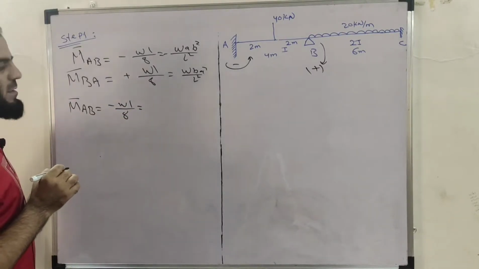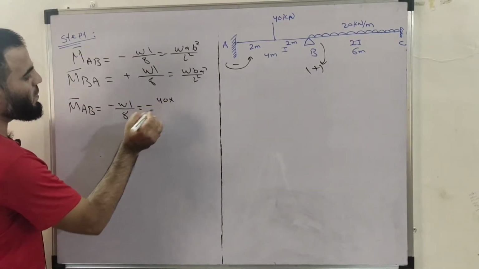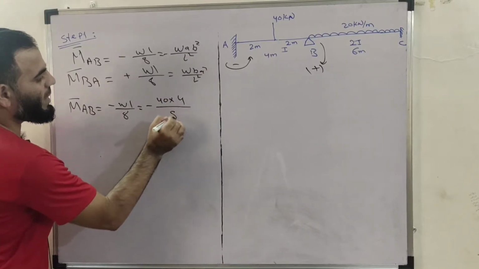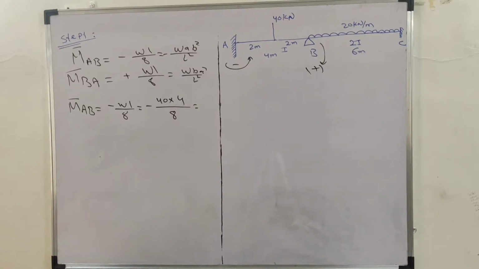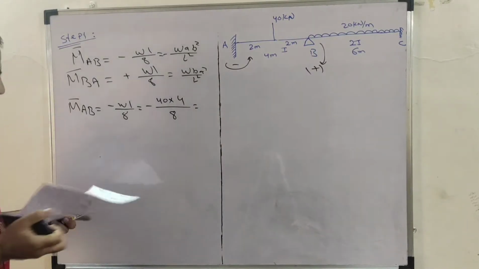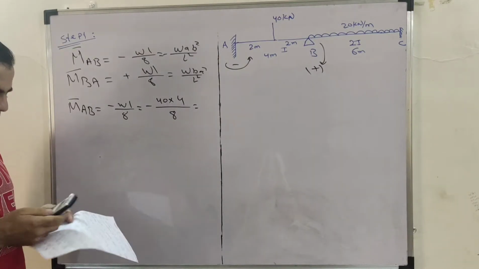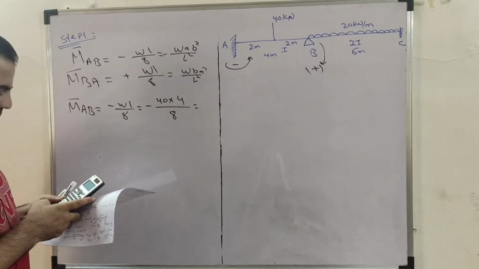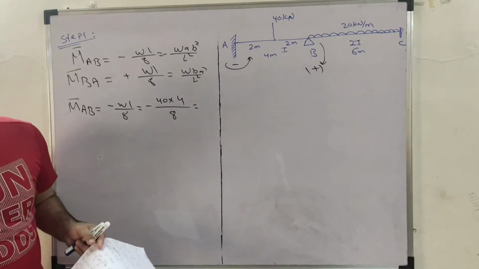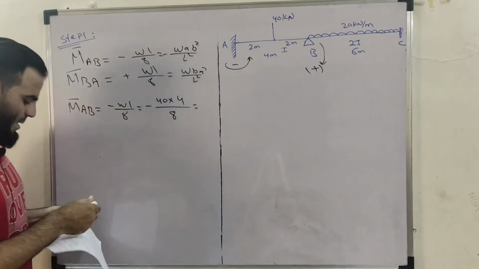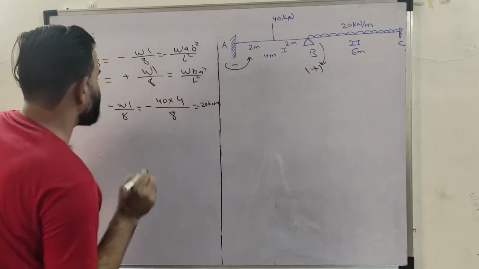Here W is 40, and L is 4, divided by 8. 40 into 4 divided by 8 is 20, so minus 20 kilonewton meter.